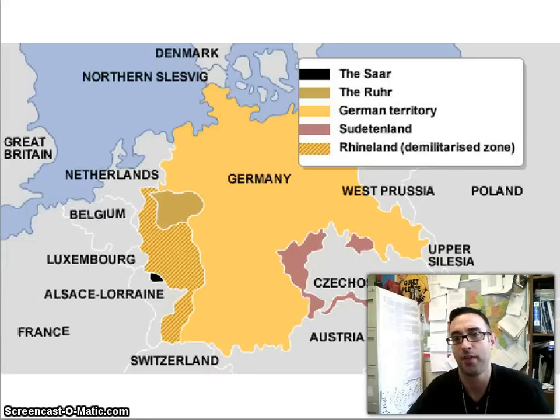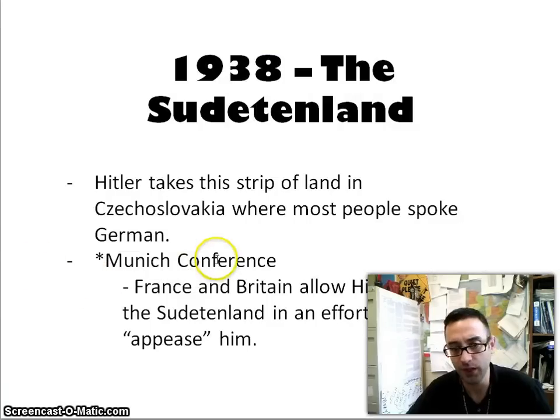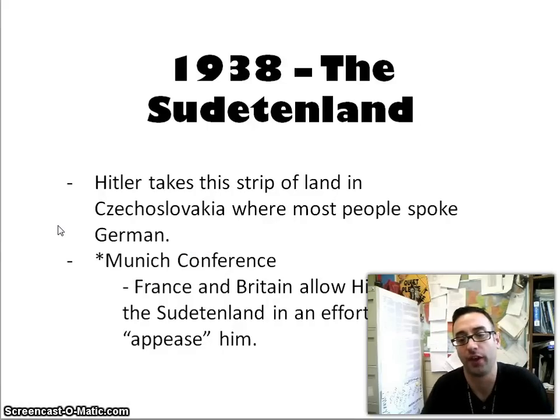So here's that map again, and now this area here. So Germany just sort of expanding in all directions, right? And so far to the west, the southwest, and also to the southeast. Okay, so this motivates Great Britain and France to, get their attention, let's say, and it motivates them to convene with Hitler at what's called the Munich Conference, and basically what they say is nothing.